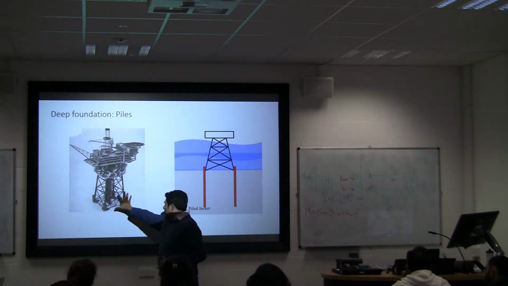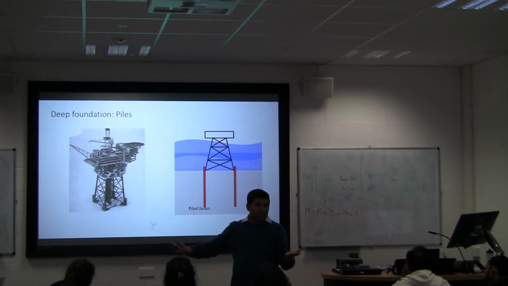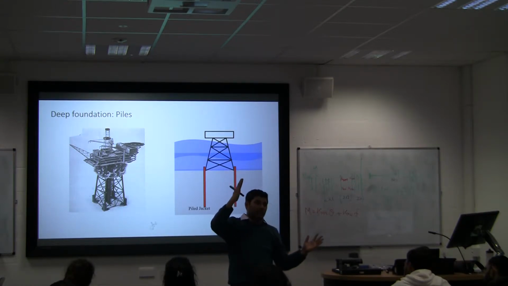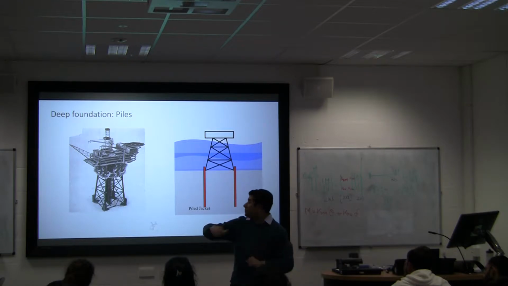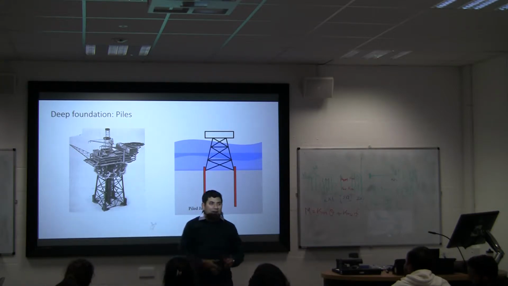What they will do is carry the jacket on a barge, so that they float the jacket on a large piece of wood, bring it to the site, tilt it over, and bring it down to the seabed. These are big steel plates called mud mats.